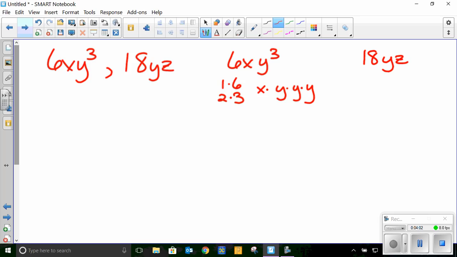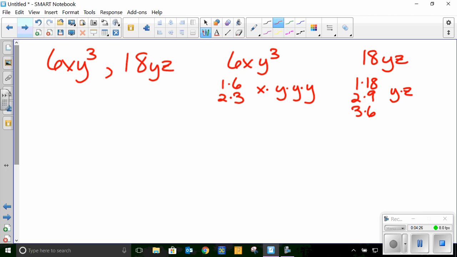Okay, and then I have my 18yz. So again, 18 would be 1 times 18, 2 times 9, and 3 times 6. There's 4 times nothing, 5 times nothing, and then it goes back to 6 times 3. So that's all my factors of 18. Then I also have times y and times z. Okay?